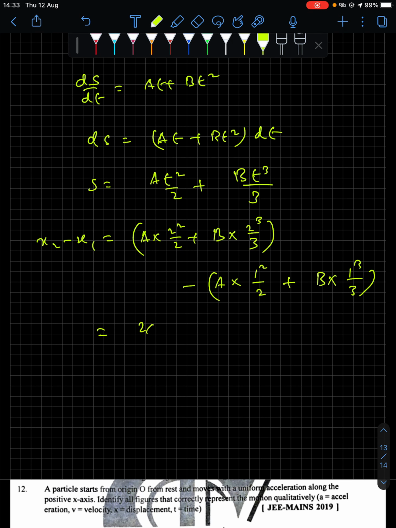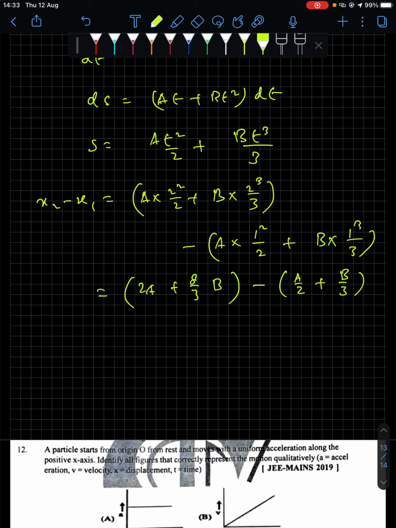So this gives you twice a plus 8 by 3 b minus a by 2 plus b by 3. Okay, so final calculation will get you 3a by 2 plus 7b by 3. Option number B is your answer.